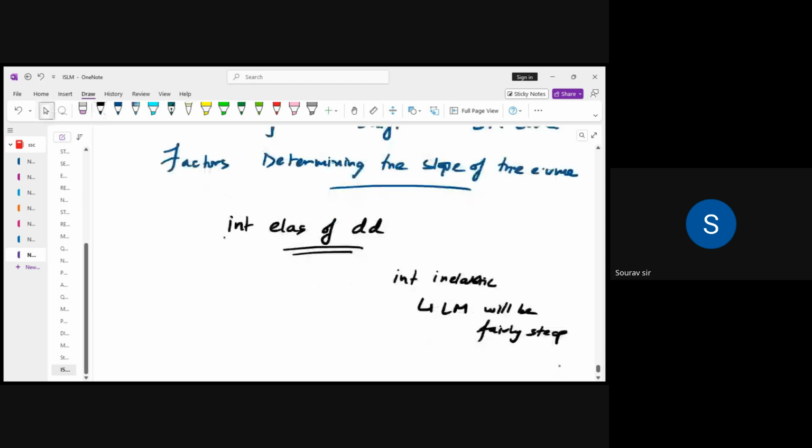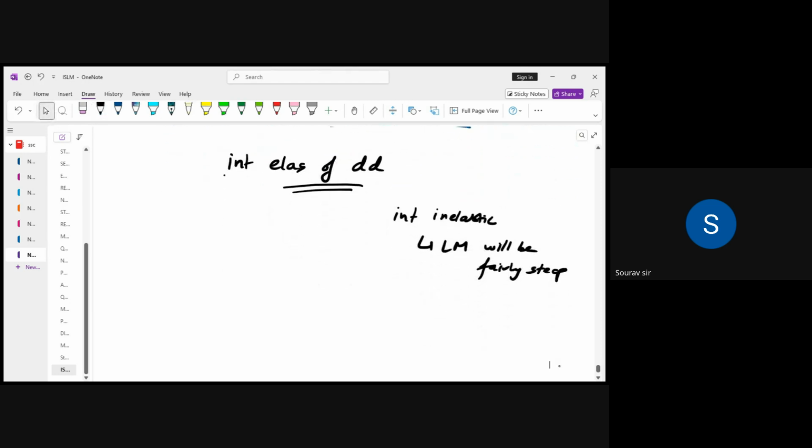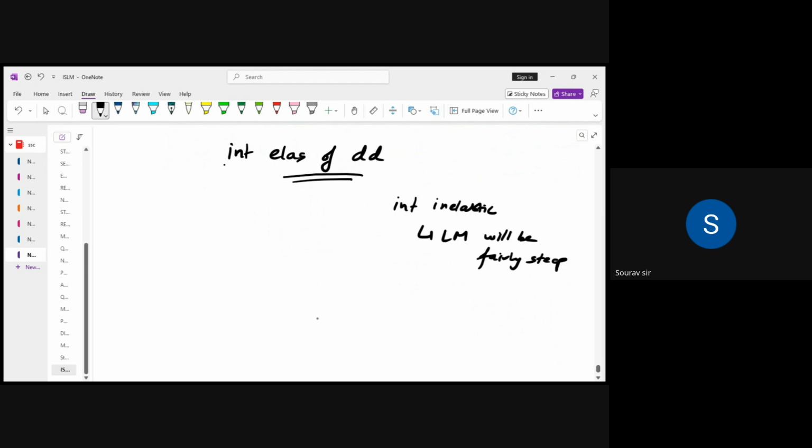And if it is fairly elastic, then the LM curve will be relatively flat. So see, the higher the value of C1, the steeper will be the LM curve. I will do the diagram for you.